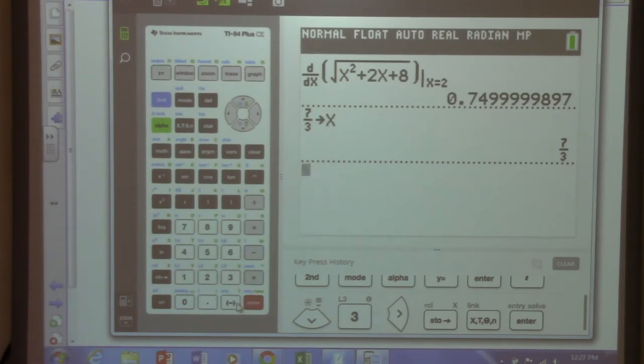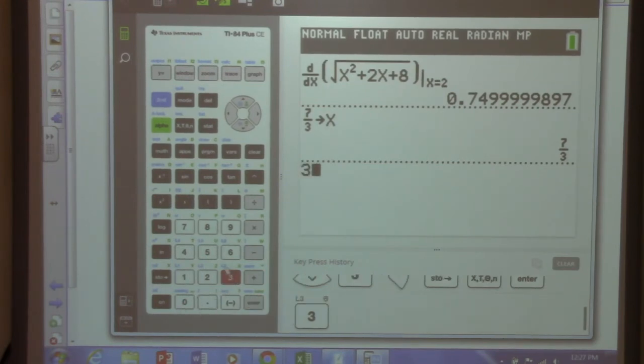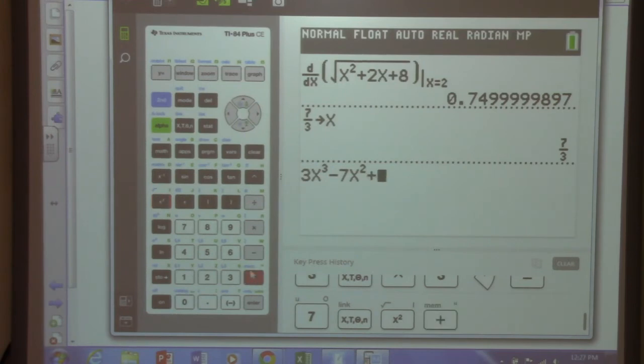So what we have is 3x to the third power, and then minus 7x squared, and then plus 6x, and then minus 14.